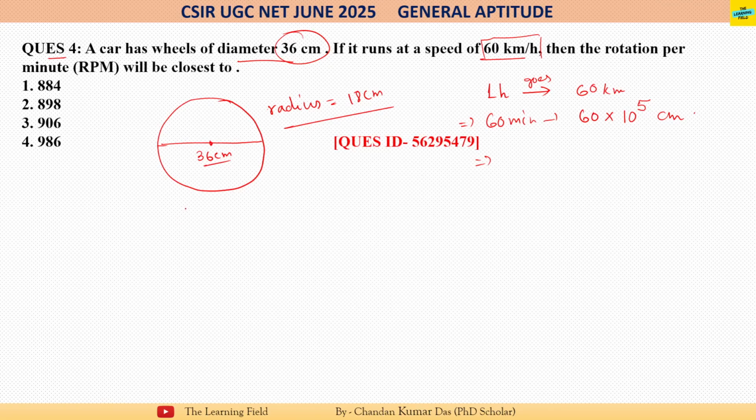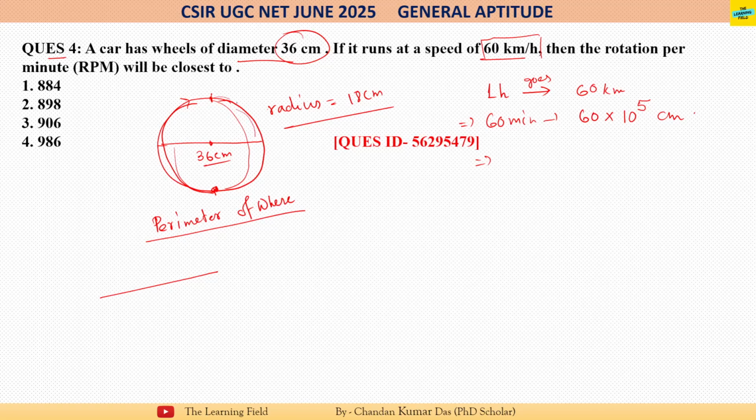What is the perimeter of this wheel? Perimeter of wheel means in one rotation it covers the complete perimeter. So if we start from here, it goes around and comes back to this position.